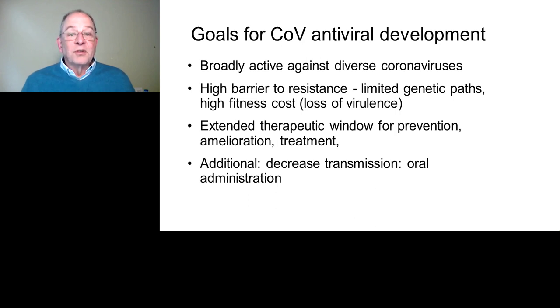Third, that we could extend the therapeutic window for prevention or treatment. When we think about influenza and oseltamivir, Tamiflu, we know you have to treat within the first 24 to 48 hours to have an impact because of the development of late-stage disease. Certainly this was important in the SARS models we tested. The late disease is immunopathologic.